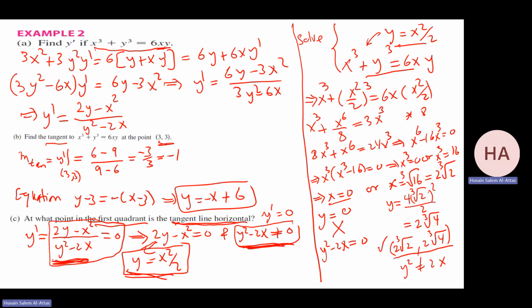But I have a problem now with the denominator, so this is rejected. And the other one, x equal cube root of 16, which is 2 cube root of 2. So y is what? X square over 2. Square this, that will be 4 cube root of 4 divided by 2. So it will be 2 cube root of 4. That will be the point, which is clear.